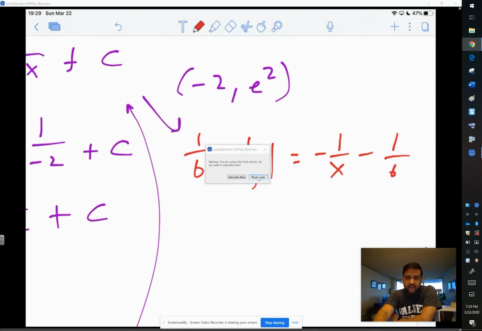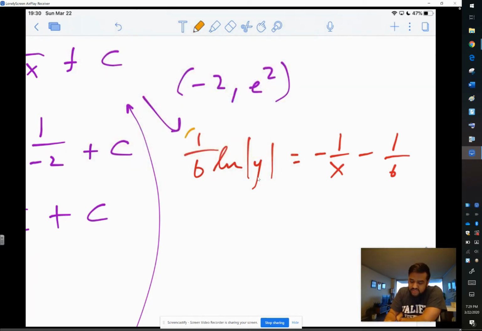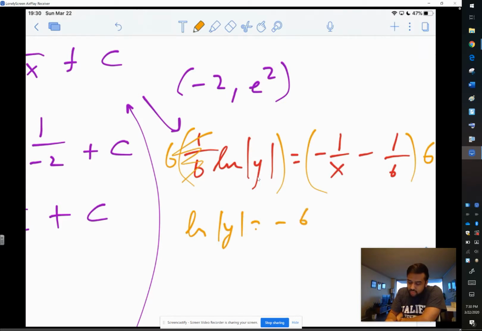So to get y by itself, we'll probably have to take an exponentiation step to raise something to a power. But let's first get rid of this times 1/6 because it's bothering me. So let's multiply both sides by 6. So now this is gone. Ln of absolute value of y equals negative 6 over x minus 1, right? Because these would cancel. Okay, that's a little bit cleaner.